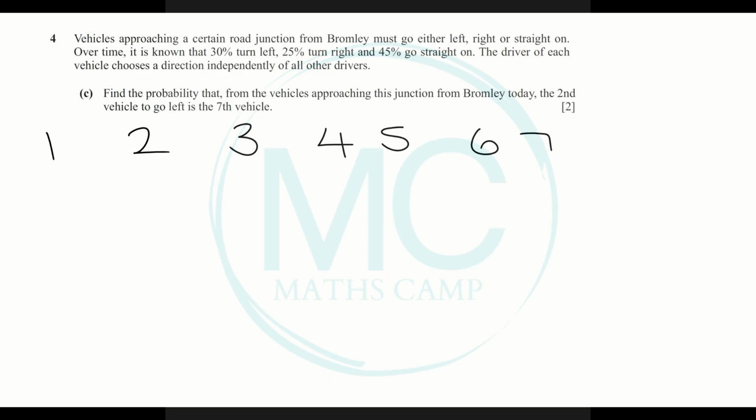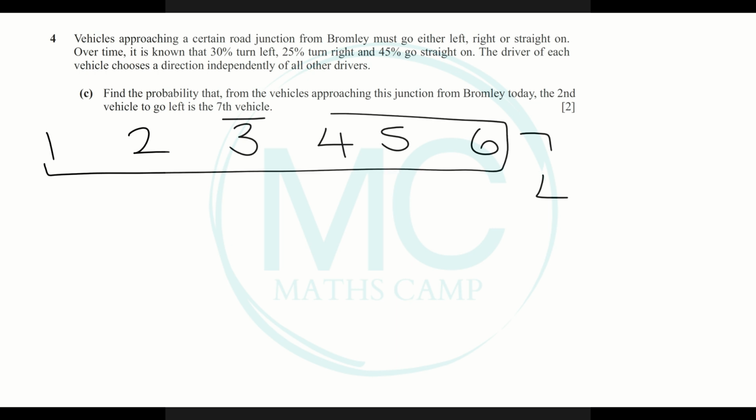The 7th vehicle goes left. I know that. This is the second vehicle to go left, which means out of the first 6 vehicles, 1 has to go left, but the other 5 will not go left.